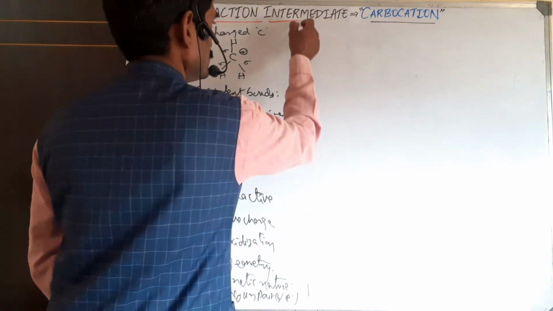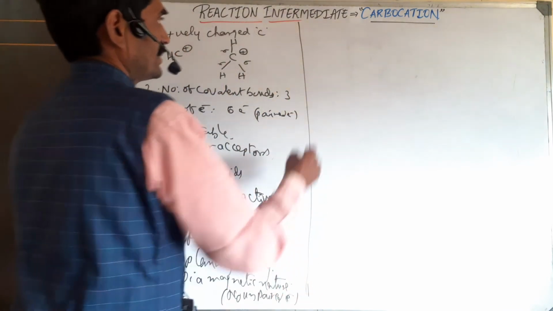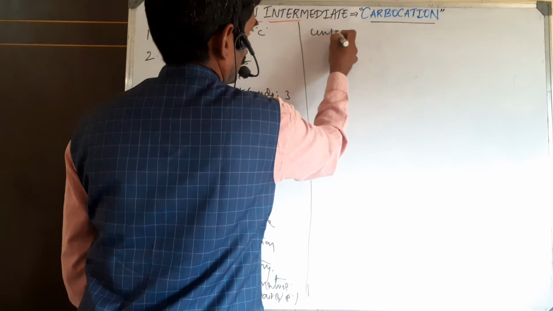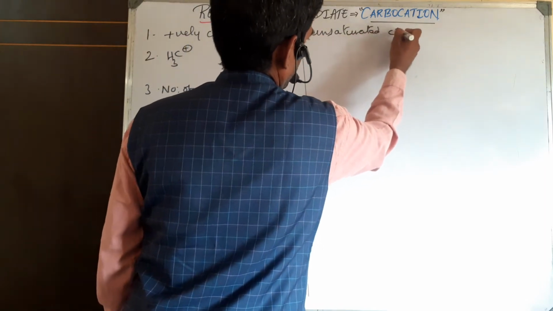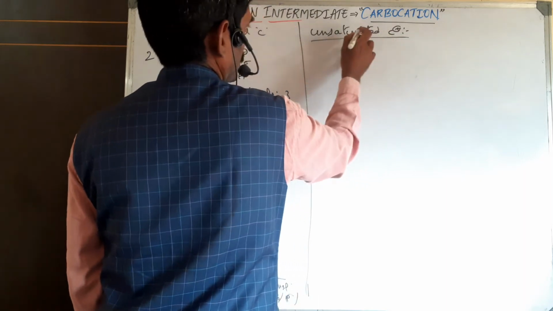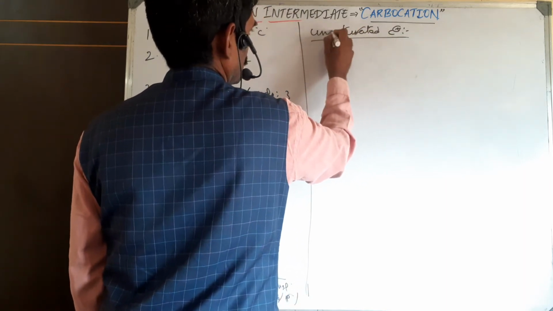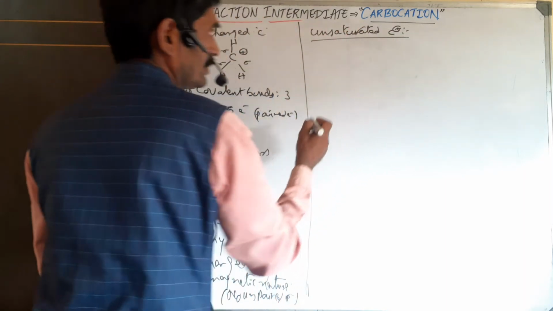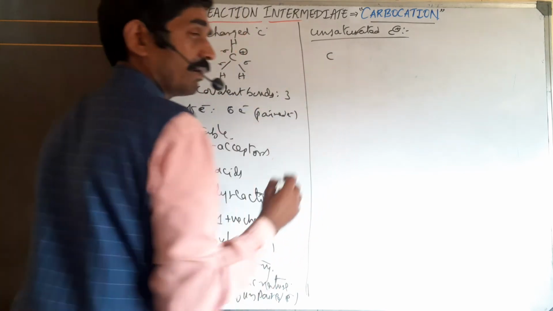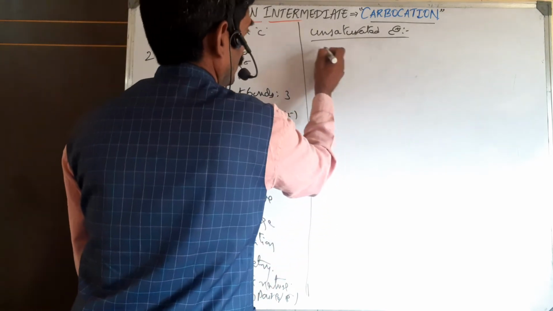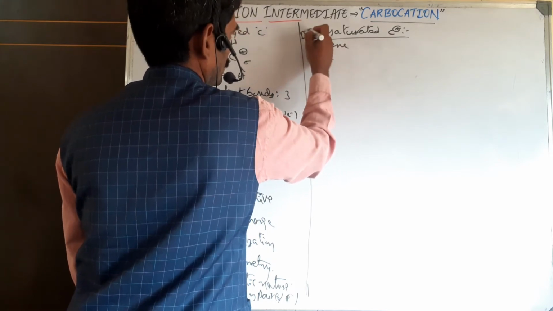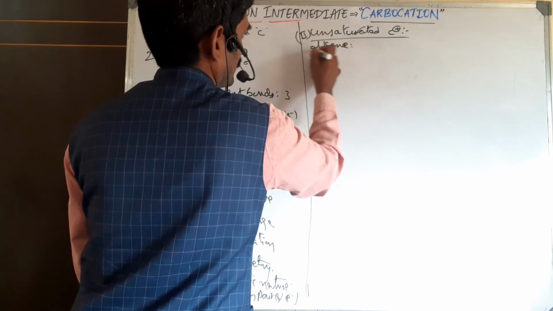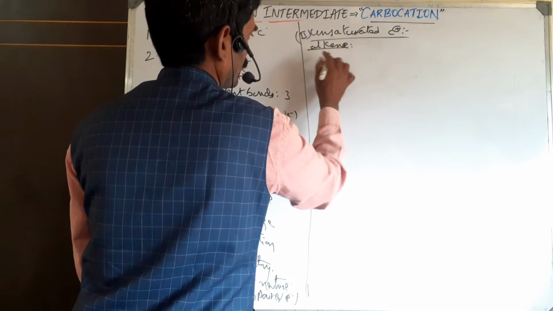And here, next, unsaturated carbocations. For example, take alkenes, with a carbon-carbon double bond.